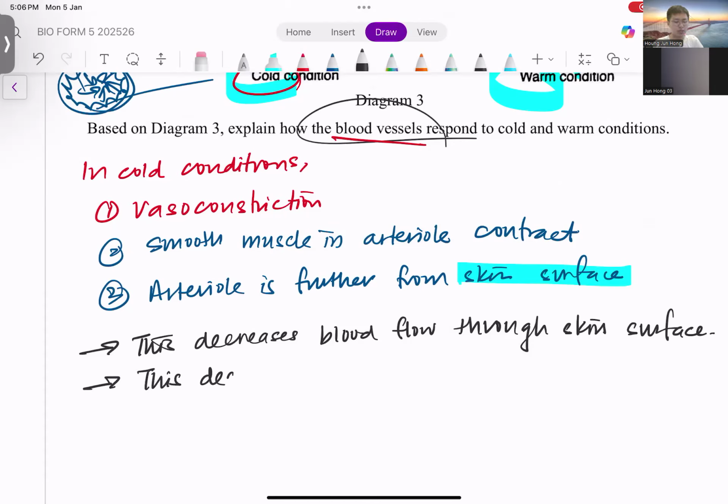This decreases the heat loss. And always remember to write this tiny phrase over here, by radiation. Don't ask me why, but that is a typical requirement. This heat loss is by radiation, and they want you to say it explicitly. So, by radiation. Cool.